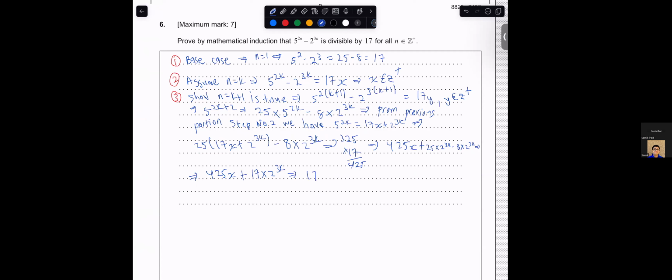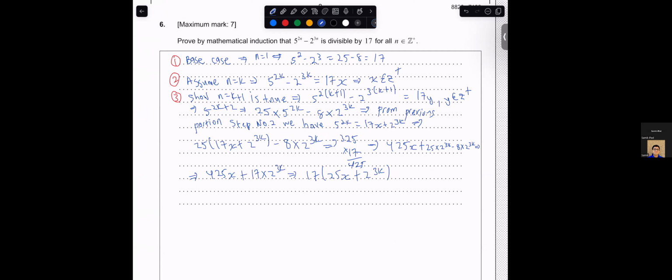You can take 17 as common: 17 into 25x plus 2 to the 3k. That should do it. So this gets us our value.